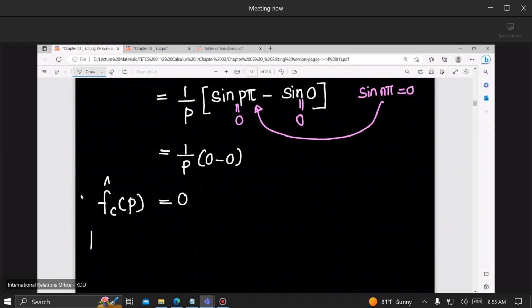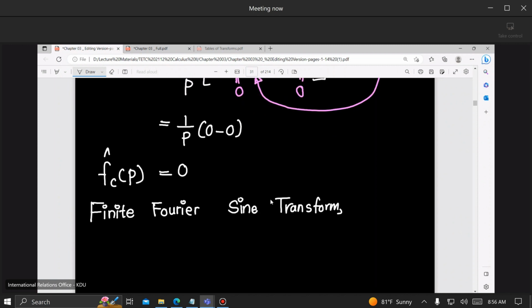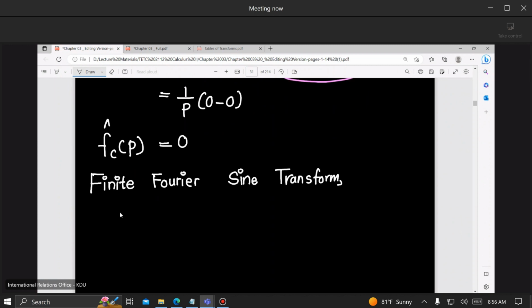The second part, we are asked to find the finite Fourier sine transform. Okay, let's recall the expression.